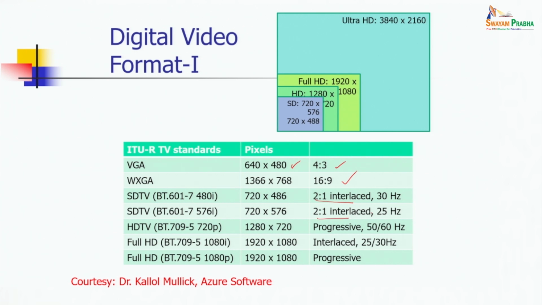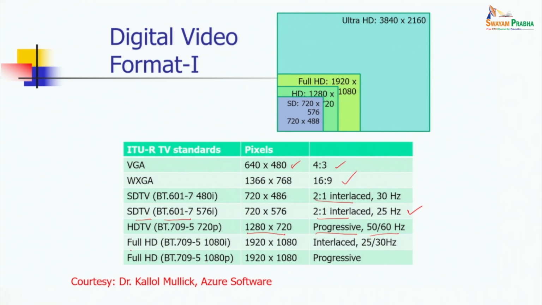Similarly, 2:1 interlaced and 25 hertz for HDTV is another standard. So the variations are mentioned here. High definition TV has 1280 by 720 as the frame size. It's a progressive video, and it could be 50 to 60 hertz of frame rate.